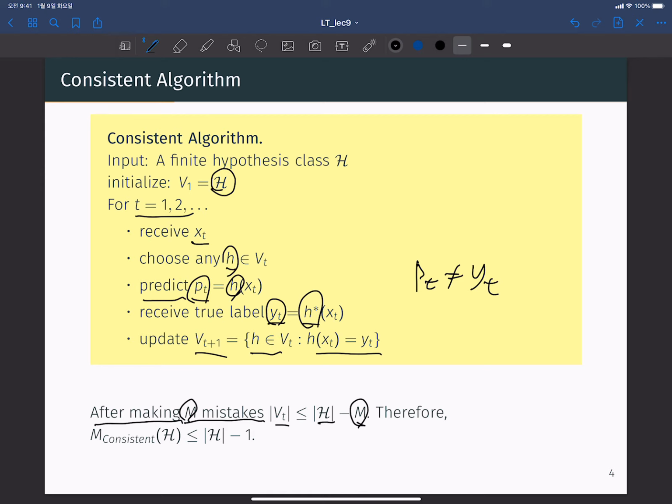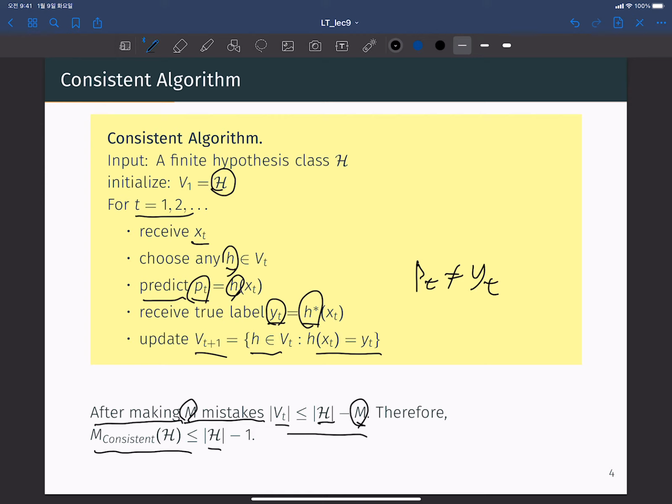Therefore, for any finite hypothesis class, the mistake bound of the consistent algorithm must be less than or equal to the cardinality of H minus 1 from this fact. We can make at most the cardinality of H minus 1 mistakes.